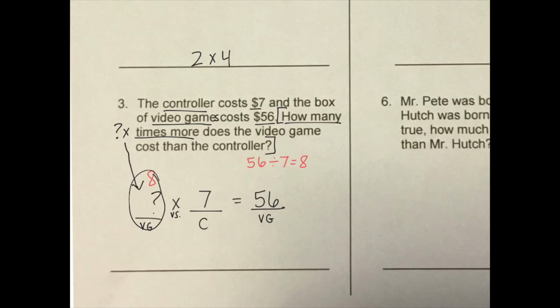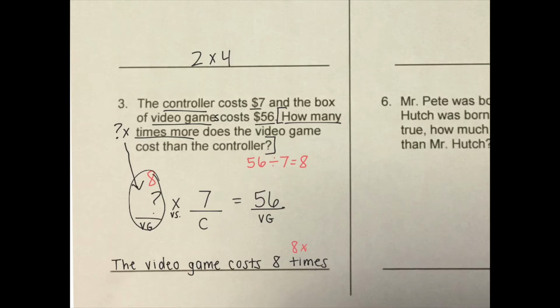Okay, now I'm going to write my complete sentence. Check the question. How many times more does the video game cost than the controller? The video game costs 8 times, or you could also just put 8 times.